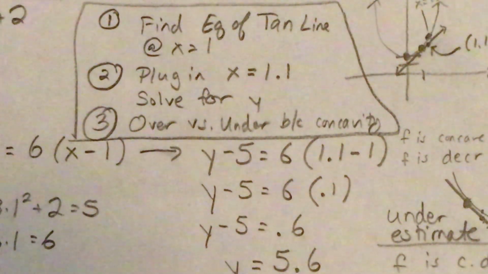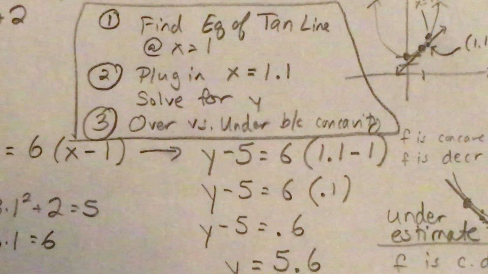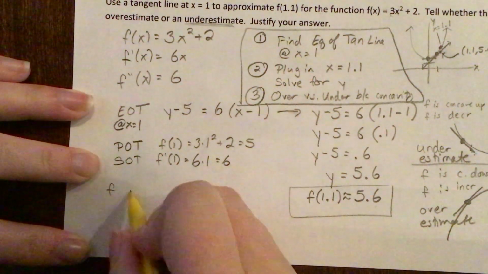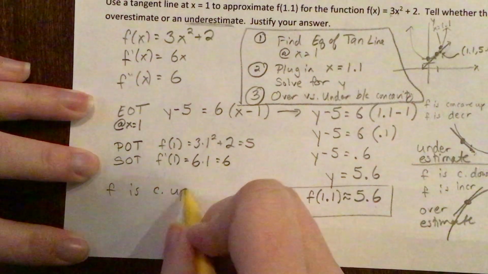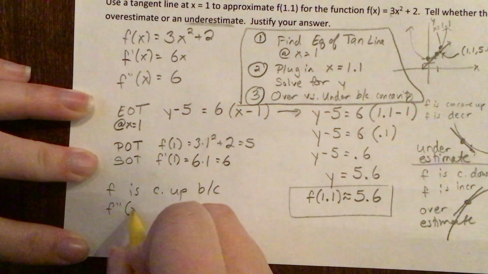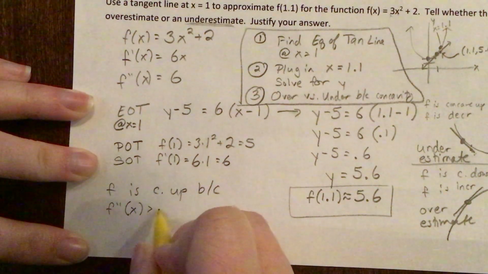Okay, so our graph is concave up. f is concave up because f double prime of x is greater than 0.